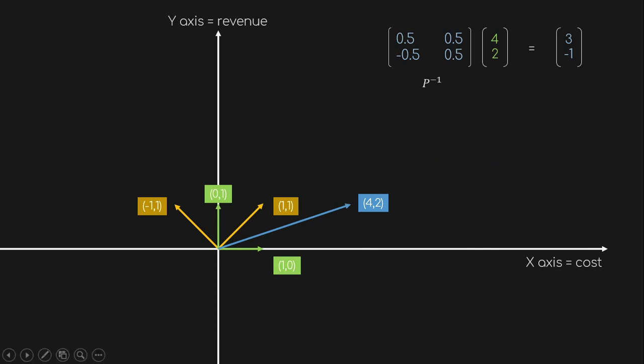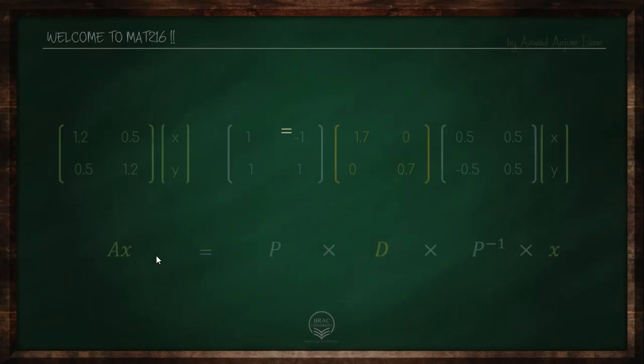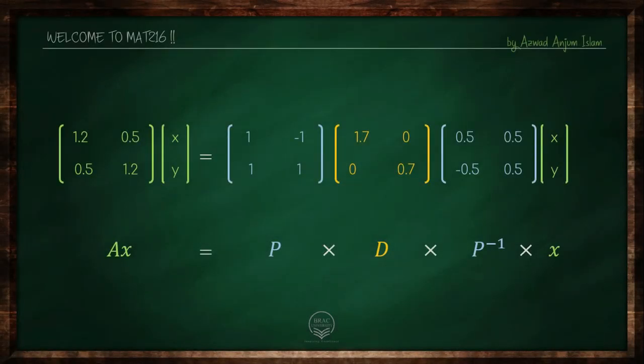Again, sorry, the vector is not properly scaled, but you can verify that using algebra. 3 times this vector plus minus 1 times this vector, you reach this 4, 2 point. So the P inverse matrix is converting our standard coordinate system to something expressed with respect to the eigenvectors. And that is precisely what we wanted.